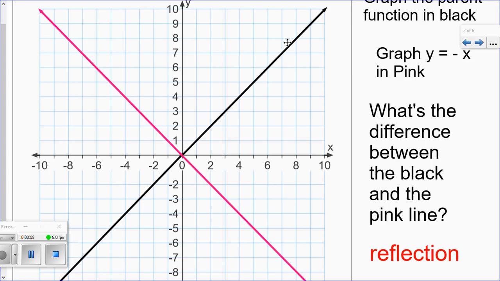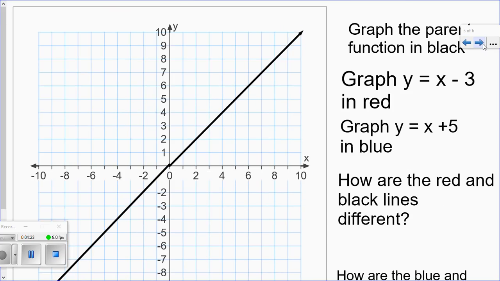Think of it like if you took this one and had a mirror image, it would be this one laying on top. It's the reflection of it, okay? So when you put a negative in front of that, when you have a negative slope, you are reflecting the parent function. There are probably other things happening too, but it's a reflection of the parent function.